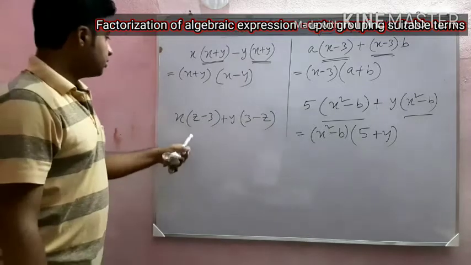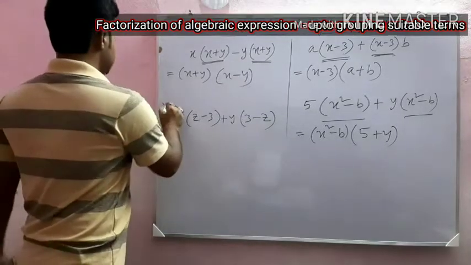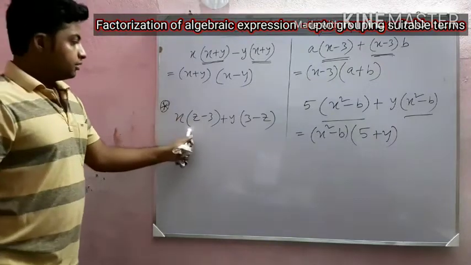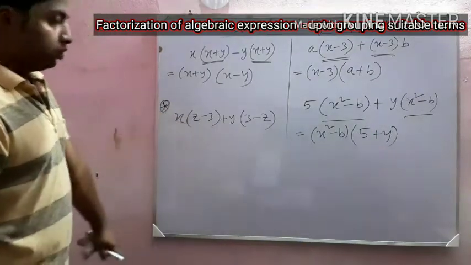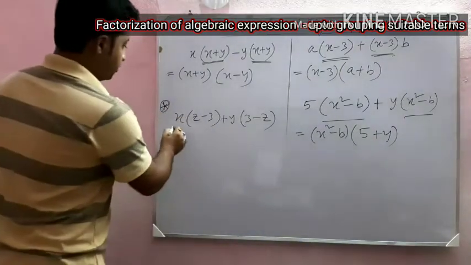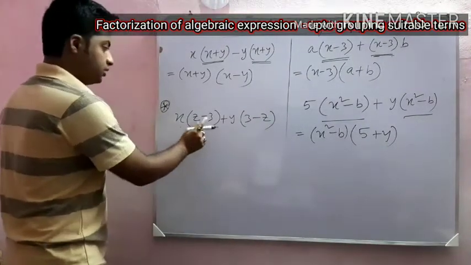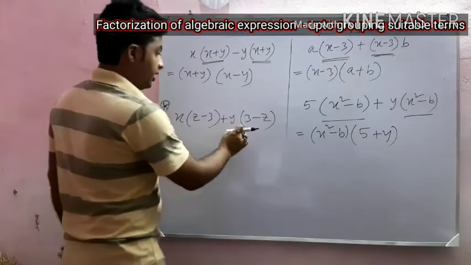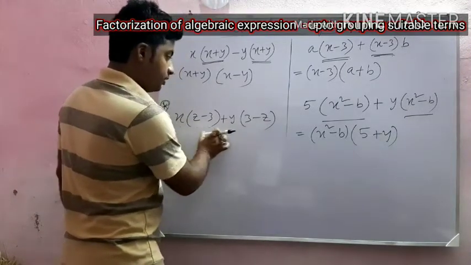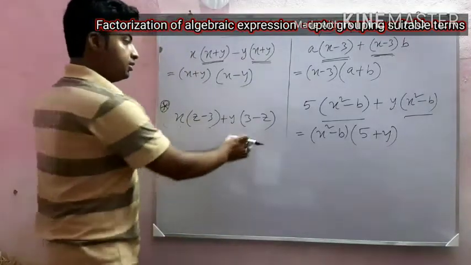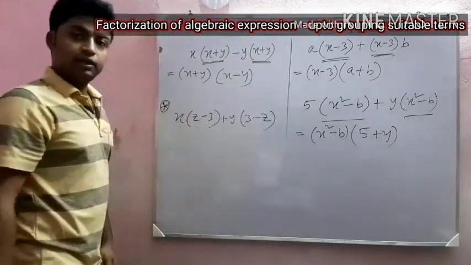Now, this is a special type. Here, find out the common term. See, x and z minus 3 are the two factors in the first term, and here y and 3 minus z are the two factors in the second term.